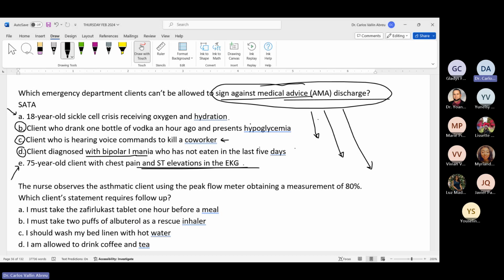There is nothing wrong in that. It's not true that the physician doesn't give indications or prescriptions to clients leaving against medical advice. You should contact the doctor because the doctor probably will provide outpatient recommendations.